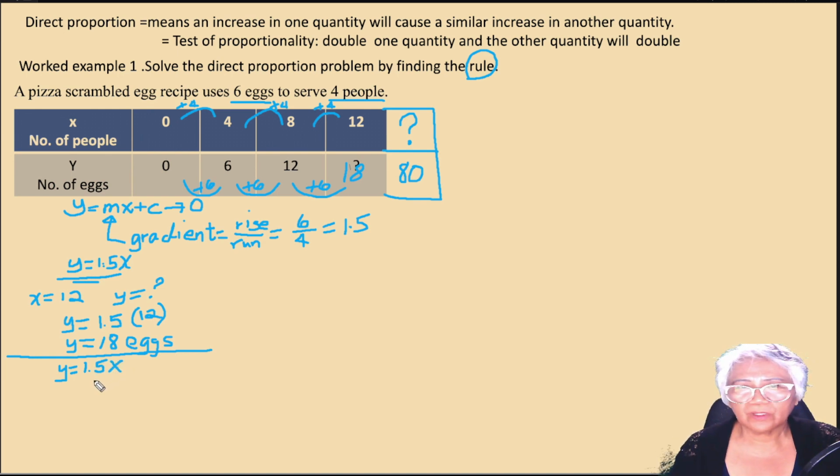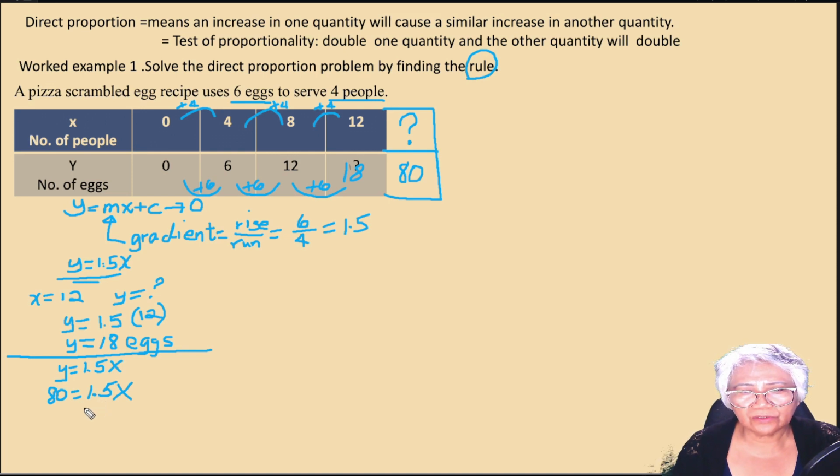In this case y is 80, so we substitute 80 here: 80 equals 1.5x.